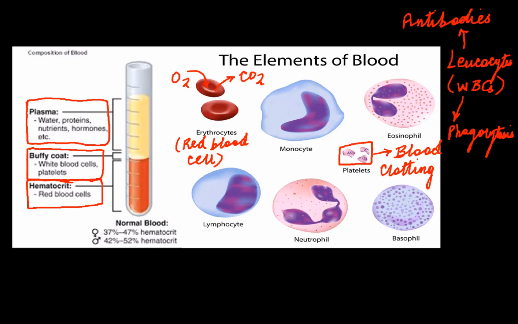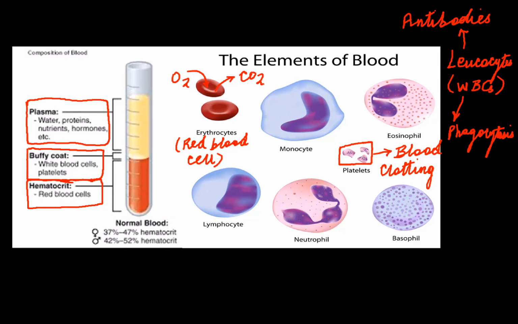So if the same pathogen comes in again, they will remember it and quickly destroy it. So you won't get sick from the same pathogen twice. A pathogen is any organism which causes a disease. That's why if you get chickenpox once, you won't get it again, because your immune system, these white blood cells, can remember. They have memory cells which can identify those pathogens which have come into the body once, and they can destroy them quickly if they come in again.